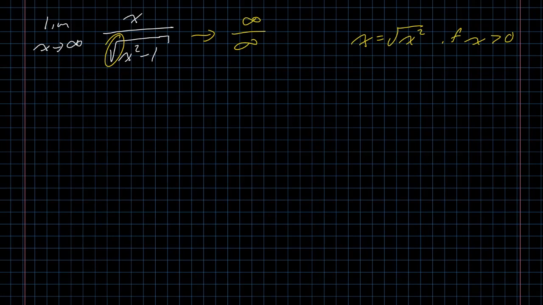So I guess that in some sense, it is the same power in the numerator and denominator. So I can take x and divide by x, and I can take the square root of x squared minus 1 and divide by x.